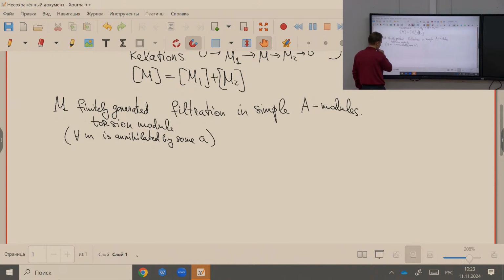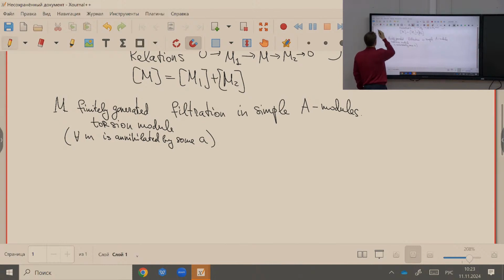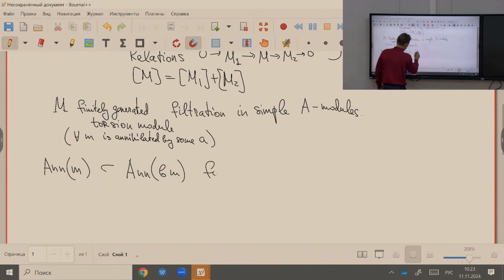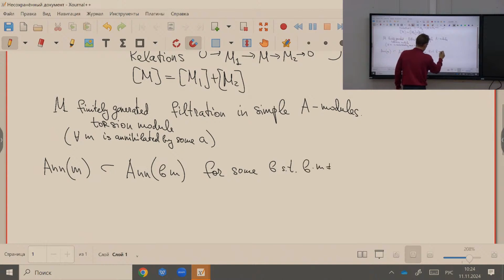If you take M and take the annihilator of M, notice that if you take the annihilator of bm, it will be larger, for some b such that b times m is not equal to 0.